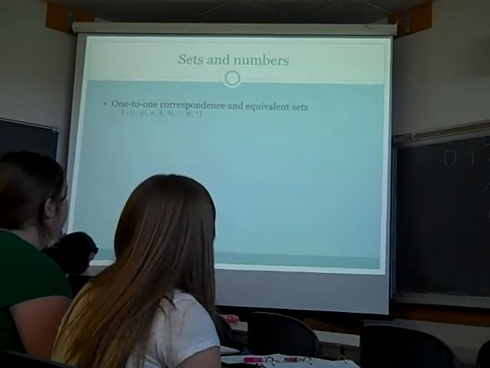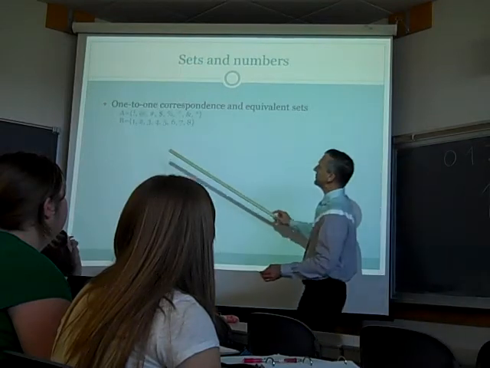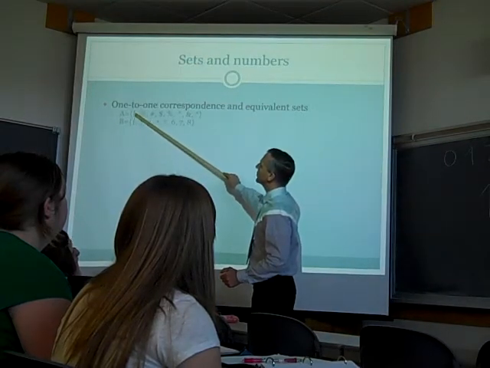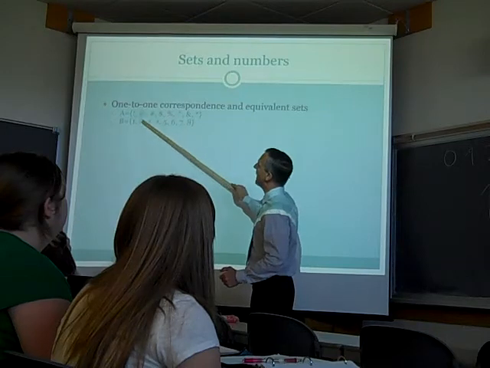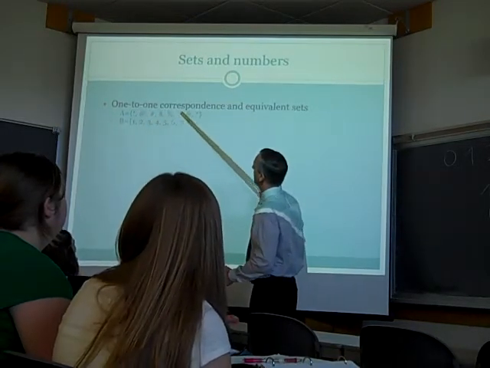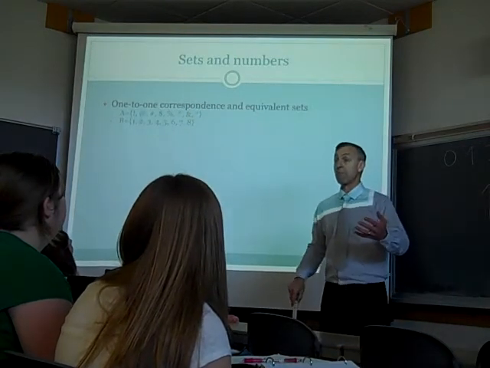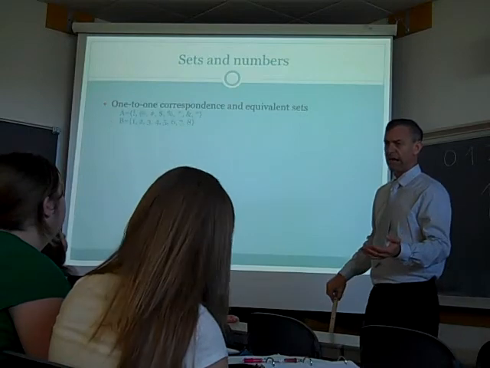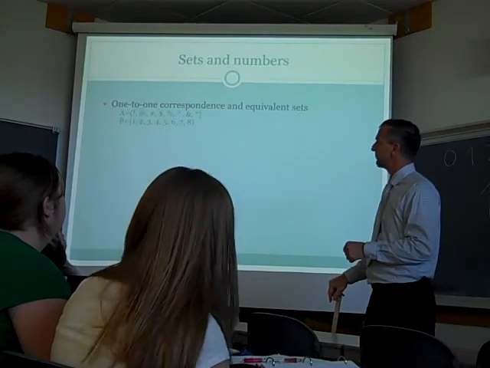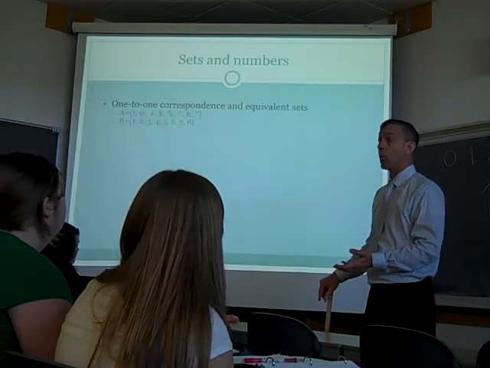Here's another set A. If we want the cardinality of set A, what do we do? We take the set of counting numbers and we make a one-to-one correspondence. That one corresponds to that, that one, that one, and that one. And therefore we say there are 8 items in that set. The cardinality of set A is 8. Why?